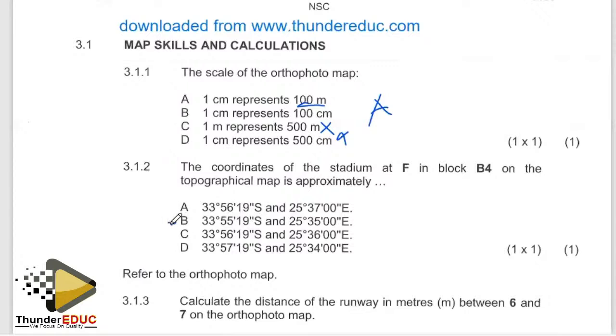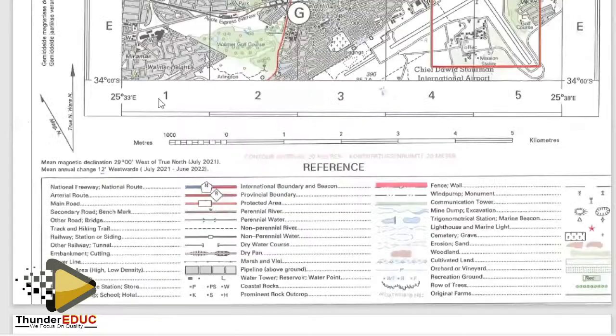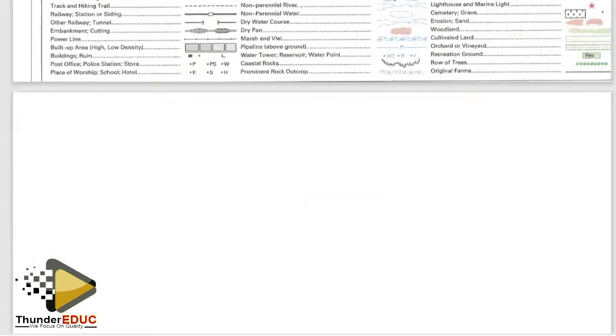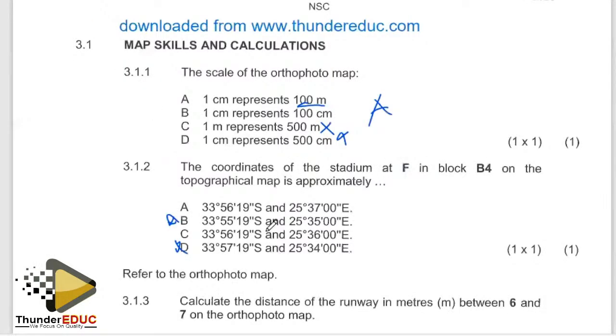Obviously, 55 is out, and 57 is out, because here it is located on 55, 56. So we check. It's not even half. It's somewhere above there. So when we check the options given, since it doesn't reach half, we have a 19 here and a 19 here. So one of the two is right.